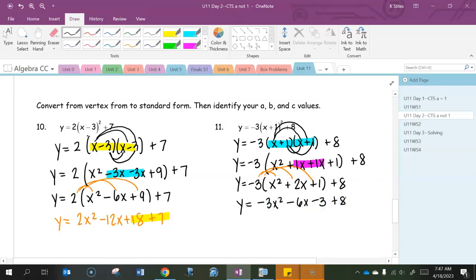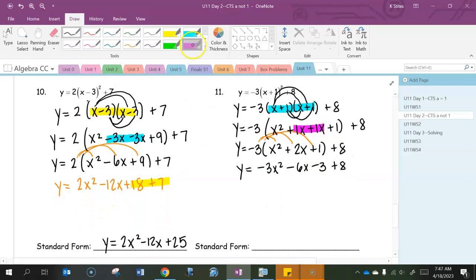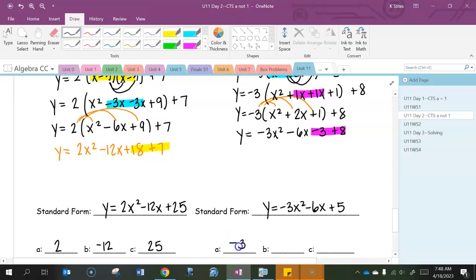The 8 just comes down. And final step, go ahead, combine those numbers. -3 plus 8 is a positive 5. Okay. And your A value is -3, your B value is -6, and your C value is 5.